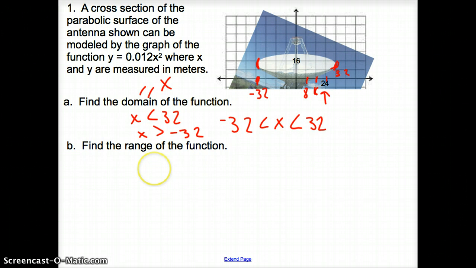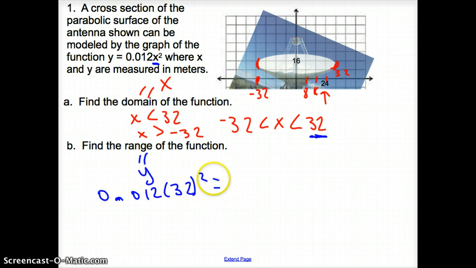Part B now asks me to find the range of the function, where the range of the function now is my y values. Well, I found my x values for part A, so I'm going to go ahead and plug my biggest x value into this x. I'm going to write it out for us: 0.012 times 32 squared.